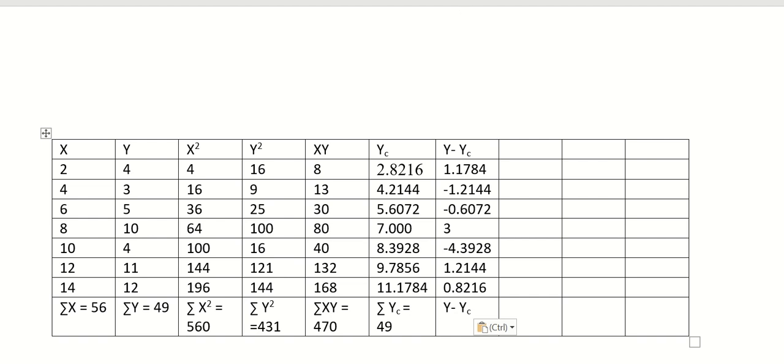So this difference is 0. It means the calculation which we are doing is fine, right?